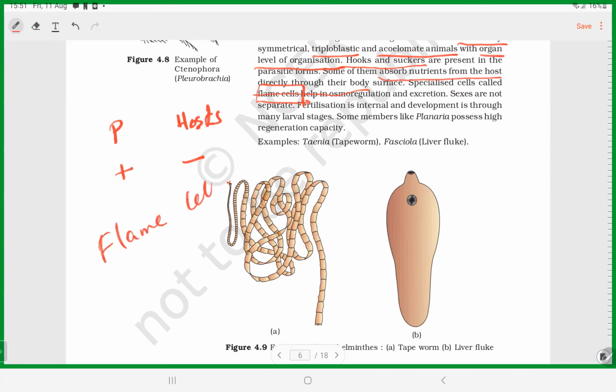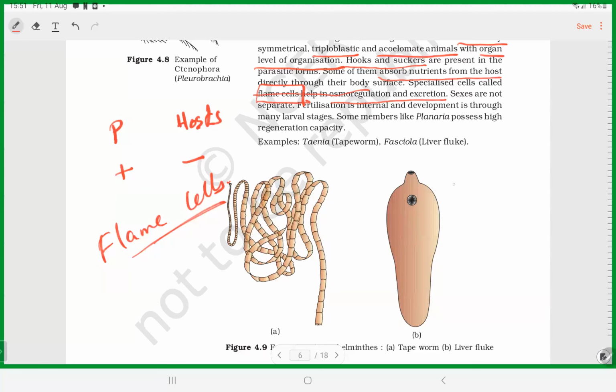Flame cells are an important character by which osmoregulation and excretion can be done. For example, in humans we have nephron and kidney for excretion. So in flatworms, the flame cells perform the excretion.